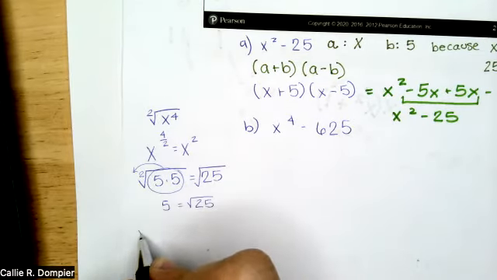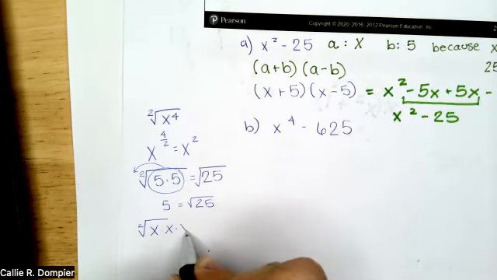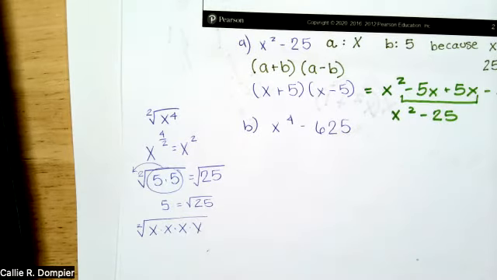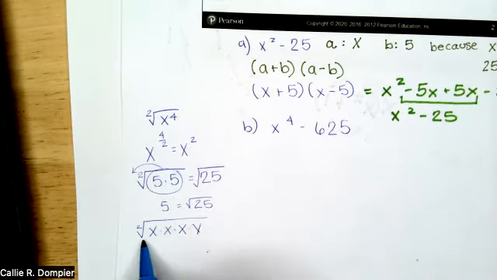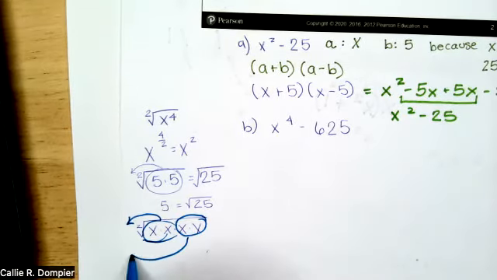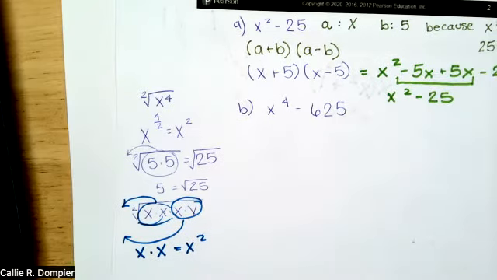So for this one, we have a radical of 2, and then we have 4 x's under it. Anything that's a group of 2, you can take out. So this is a group of 2 x's, and this is another group of 2 x's. So what that leads to is x times x, or x squared.